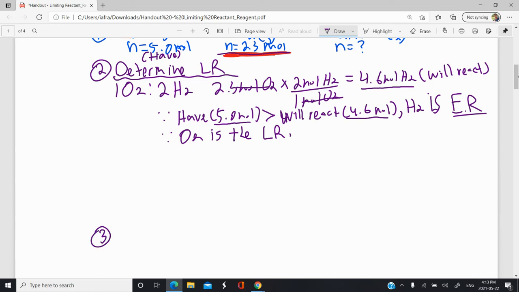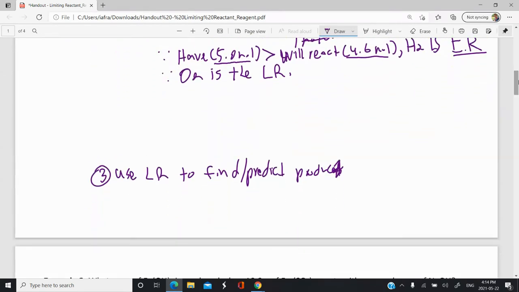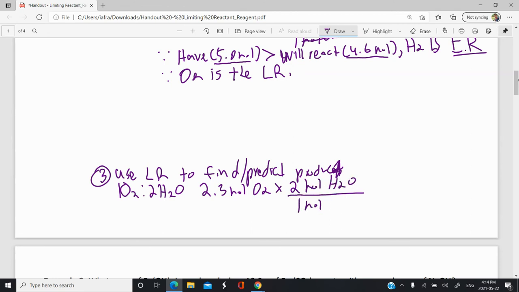So then you're going to use LR to find or predict product. So you're going to do the same idea. You're going to say, well, O2 is my LR, so I'm going to have 1 O2 for every 2 H2O. You're going to use the moles of LR, which is O2, so 2.3 mole of O2 times your conversion factor, 2 mole of H2O for every 1 mole of O2.